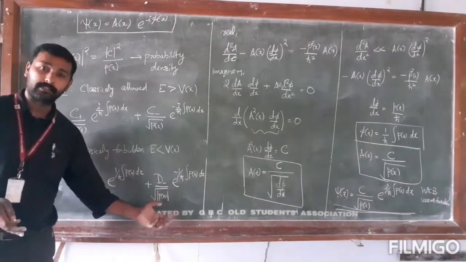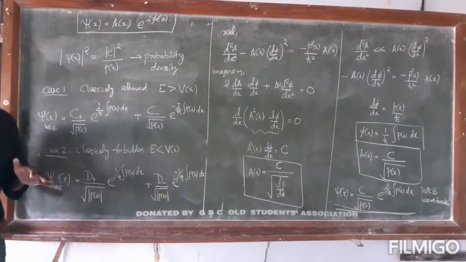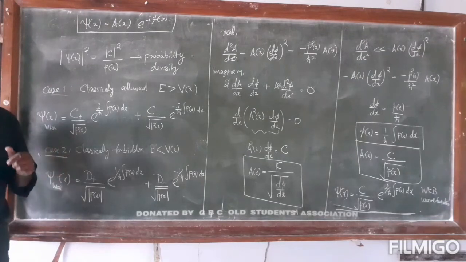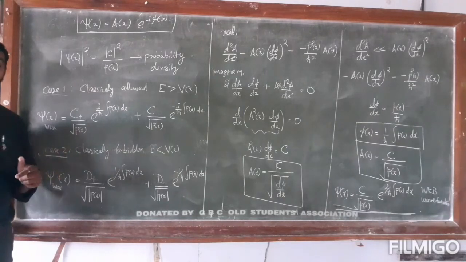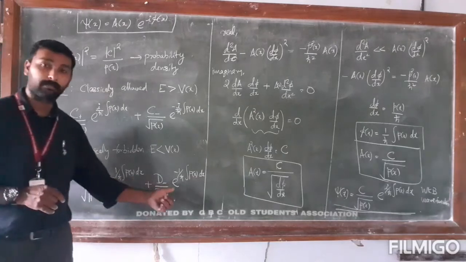The basic idea is the wave function must be normalizable. It should converge, it should not diverge. When going to infinity, the wave function should vanish and become 0. Based on that you can put the values of d plus and d minus.